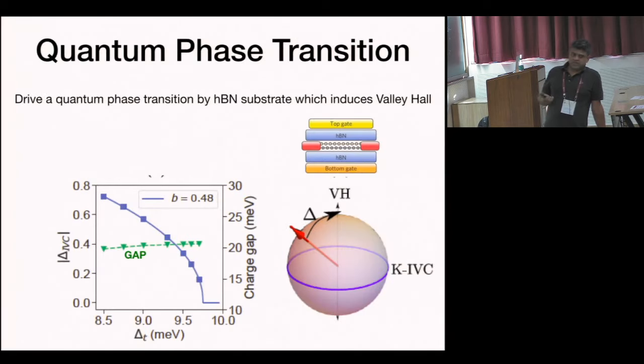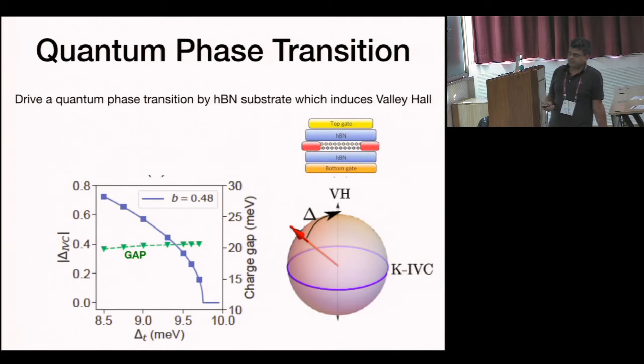Yeah, so one of the things you can ask now just is, let's say you have this ground state, this K-IVC ground state, and now imagine that you align the substrate, which gives you a splitting between the two sublattices. And as that splitting is increased, you expect to kill that intervalley coherent state and go into the so-called valley Hall state. There's an explicit field that's preferring that.